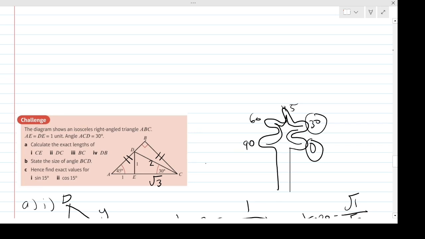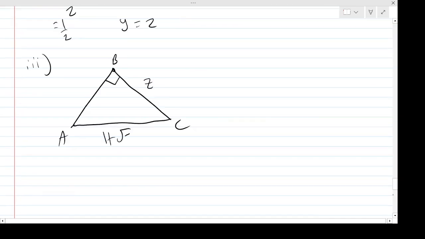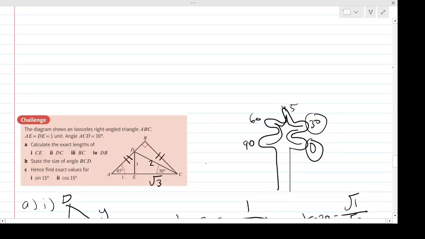We also know AE is 1 and EC is root 3. So overall, AC, the bottom side, is going to be 1 add root 3, right? Cool, but we also know that because ABC is isosceles, that means two sides have to be the same, by the base angles, right?